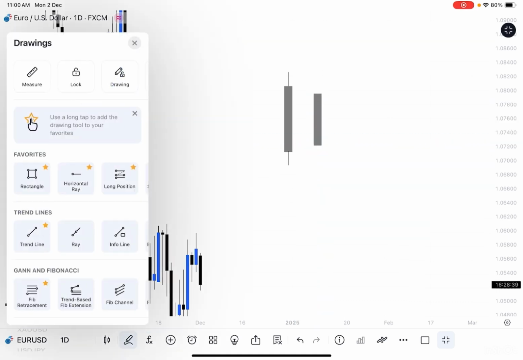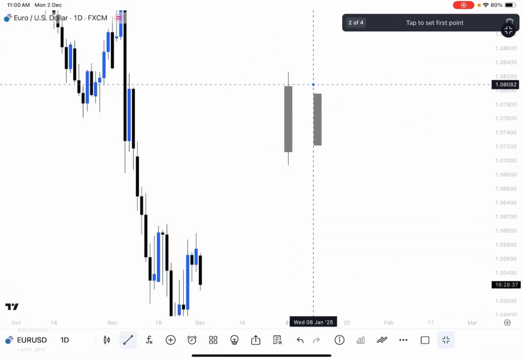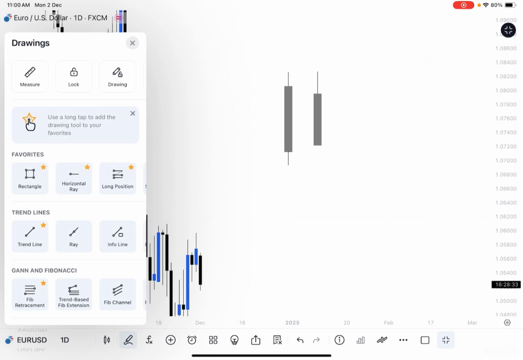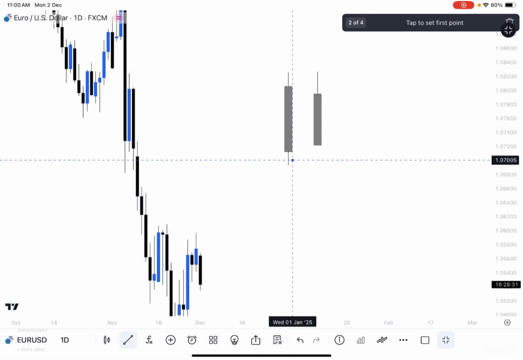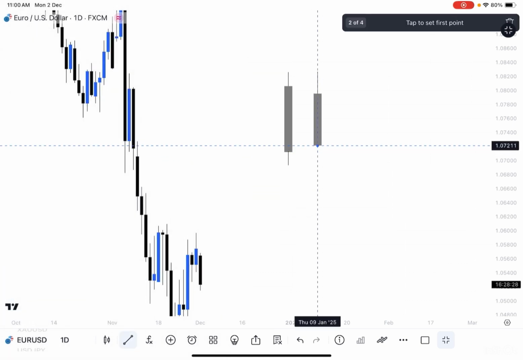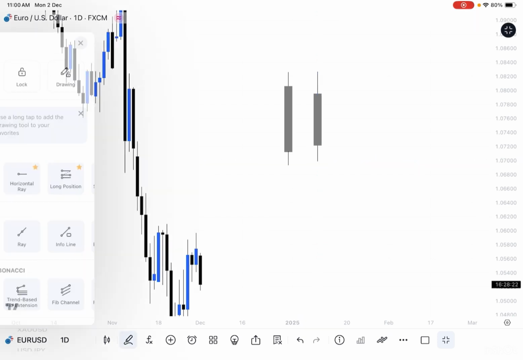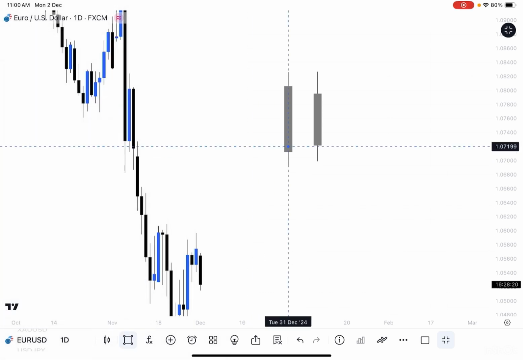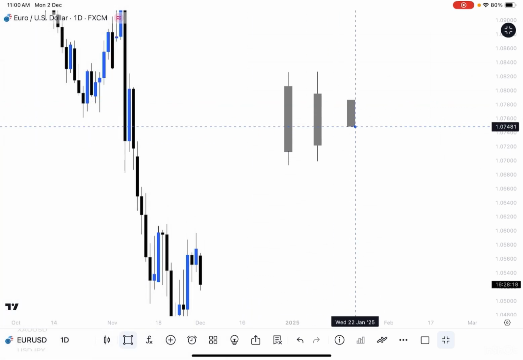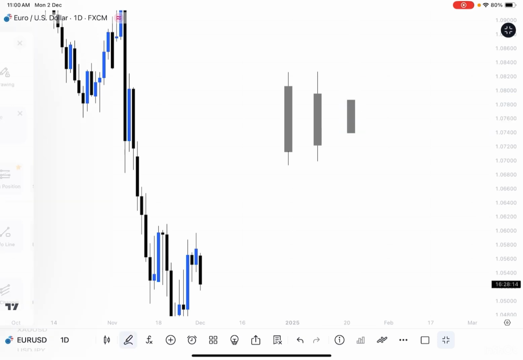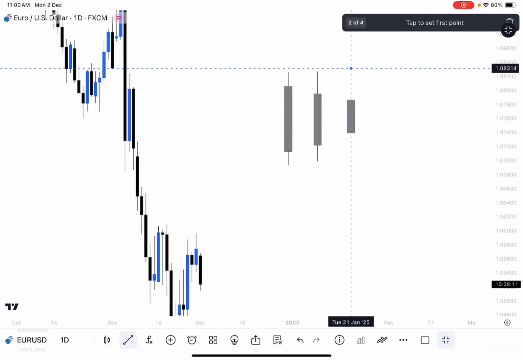This is the next candle. Trend line. Again, trend line.